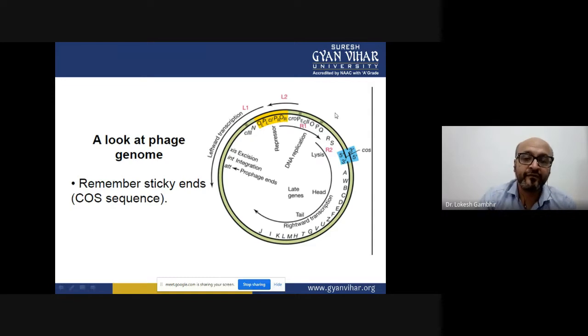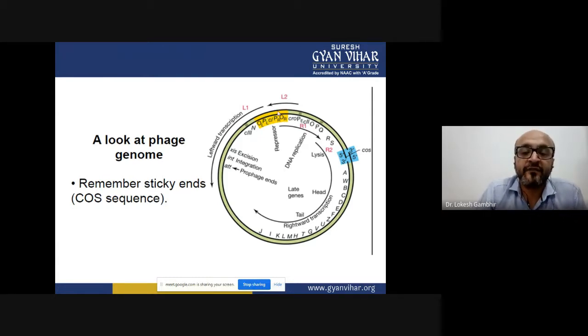If it is going in the left-hand direction, where the genes xis, int and att are, xis is for excision, int for integration, and att for the prophage ends. If these genes are expressed along with C3 and C1, which is a repressor protein, these left-hand portions are required for lysogeny.